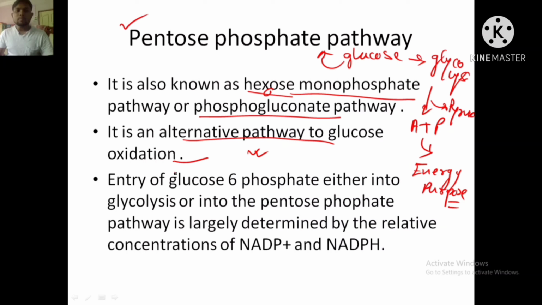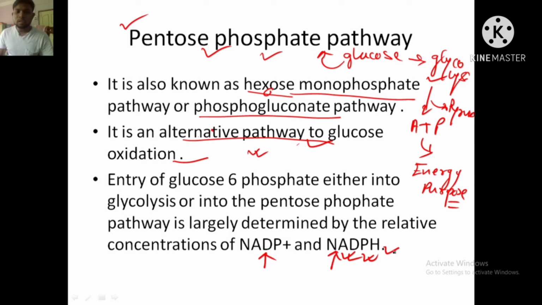Now this pathway is necessary because in cells we need NADPH, and NADPH is generated via this pentose phosphate pathway. So by this alternative pathway we are getting NADPH. So whether glucose will enter into glycolysis pathway or in pentose phosphate pathway, it depends upon the concentration of NADPH and concentration of NADP positive.